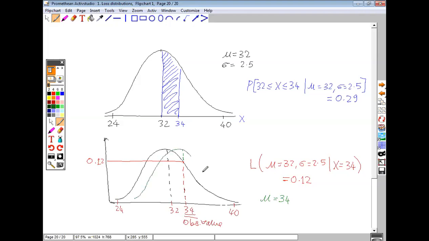So this graph would essentially be the same, but it would have to shift a bit to the right, because I have now said that my mean is 34. So that should be the value here. So now, if you observe the chance of observing 34, it turns out to be pretty higher than what it was before. So this turns out to be 0.21.